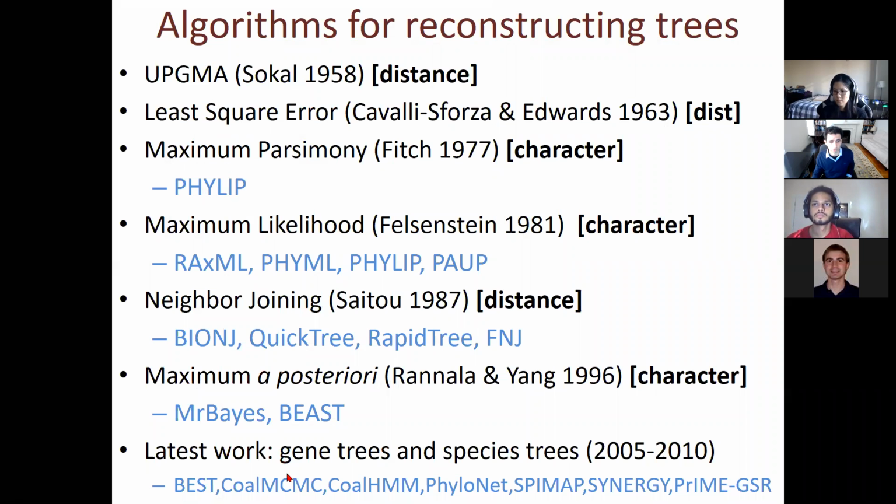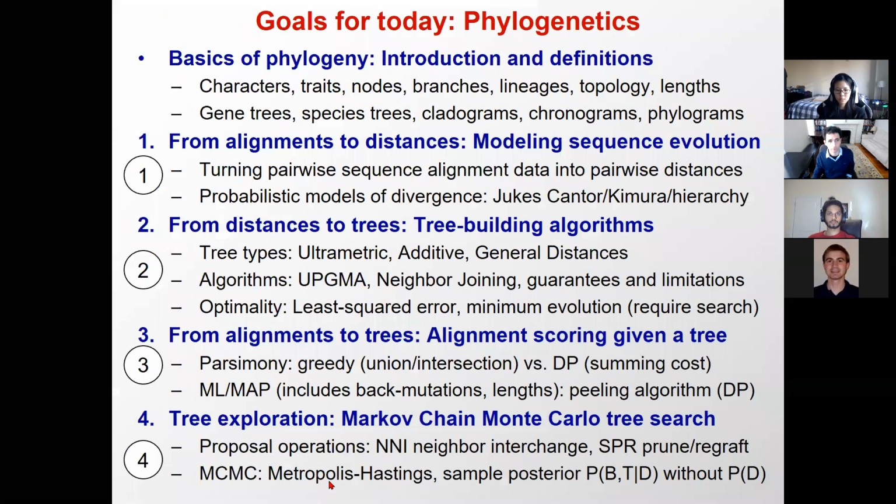So there are a lot of additional references that I encourage you to look at. This is UPGMA, least squared errors, maximum parsimony, maximum likelihood, neighbor joining, maximum a posteriori, and then some of the latest work on gene trees and species trees, and so on and so forth.